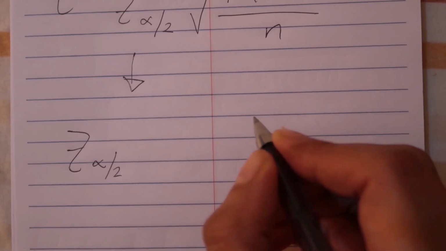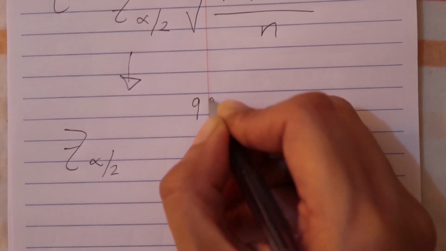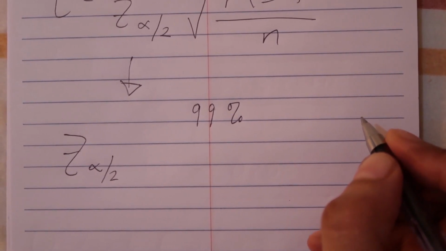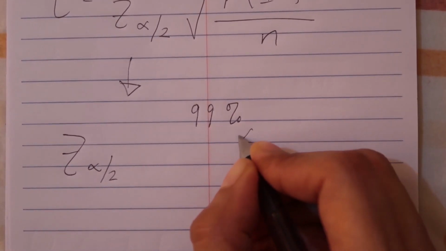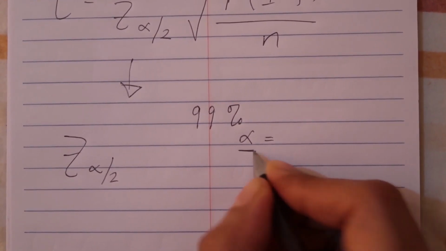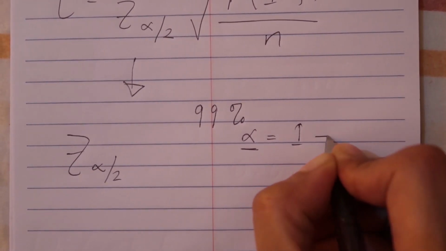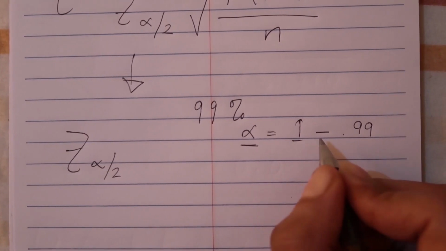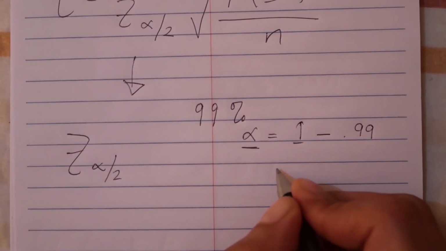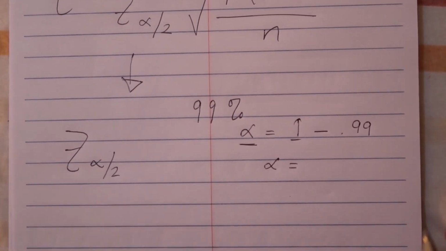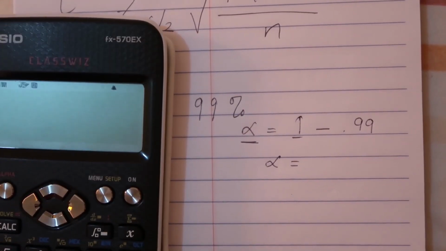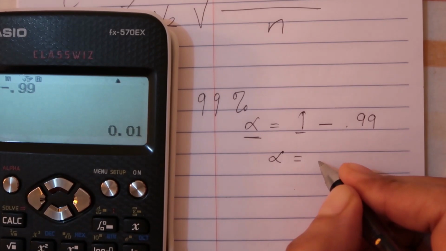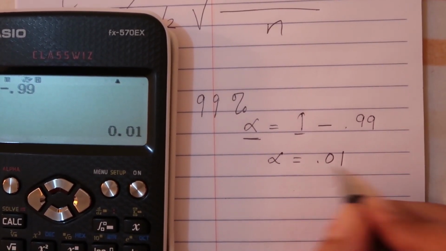Remember that the given is 99%. So we need to look for alpha. So how do we determine the alpha? 1 minus 0.99. So your alpha will be 1 minus 0.99, so that would be 0.01.